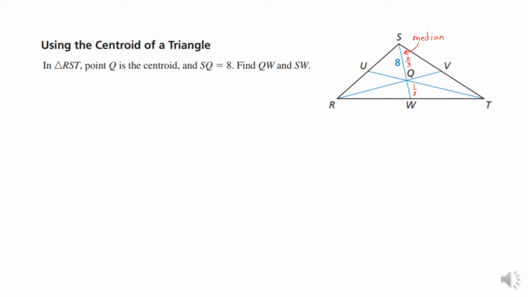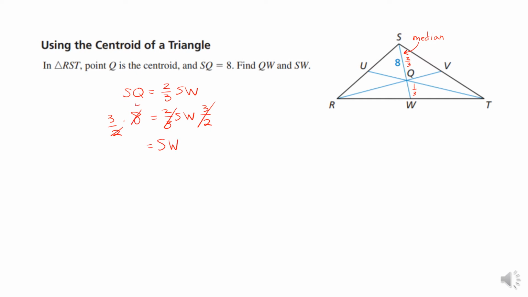So we're going to go SQ is 2/3 of SW. Then we're going to substitute 8 for SQ. Then to get rid of the fraction, we're going to multiply by the reciprocal on both sides. Those cancel each other. And then we cross cancel.